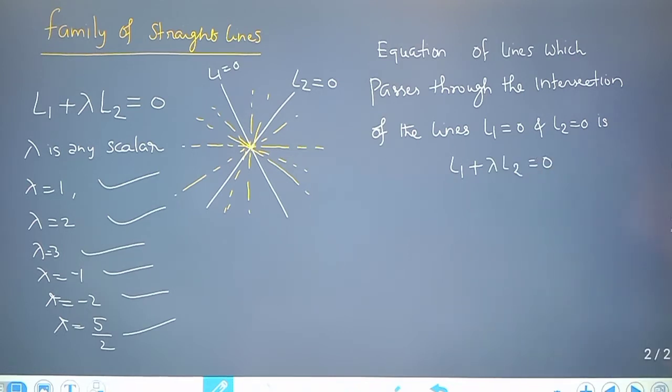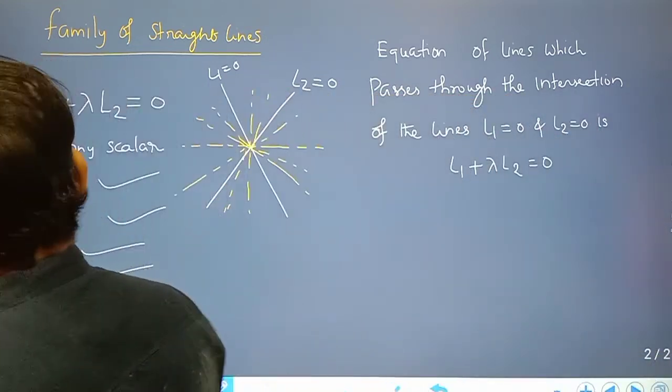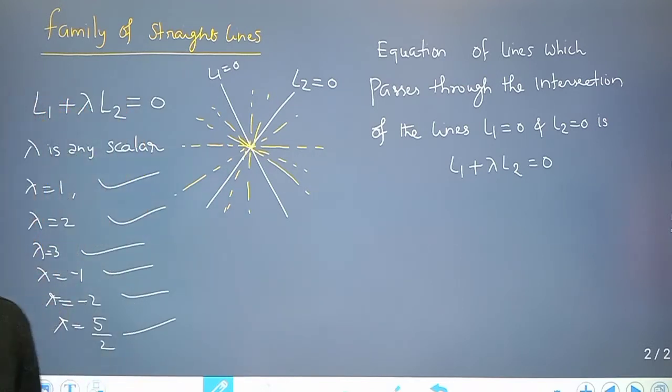These are called concurrent lines. This is called the family of straight lines.